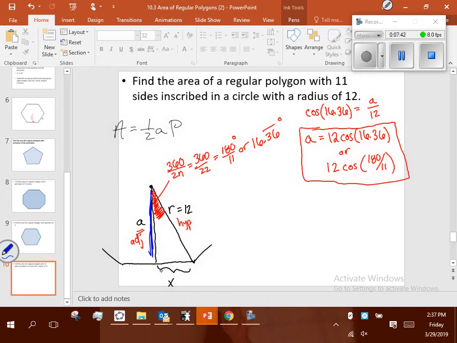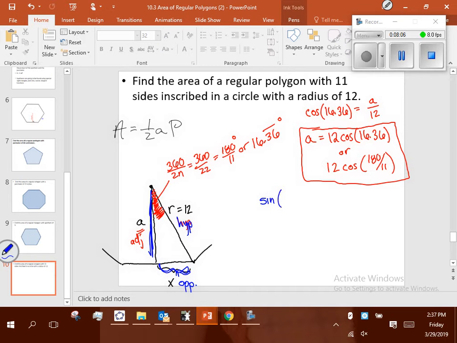Let's now find this distance down here of x. So what side is x in regards to the red angle? Opposite. Is 12 still the hypotenuse? Okay, so what uses opposite and hypotenuse? Sine.